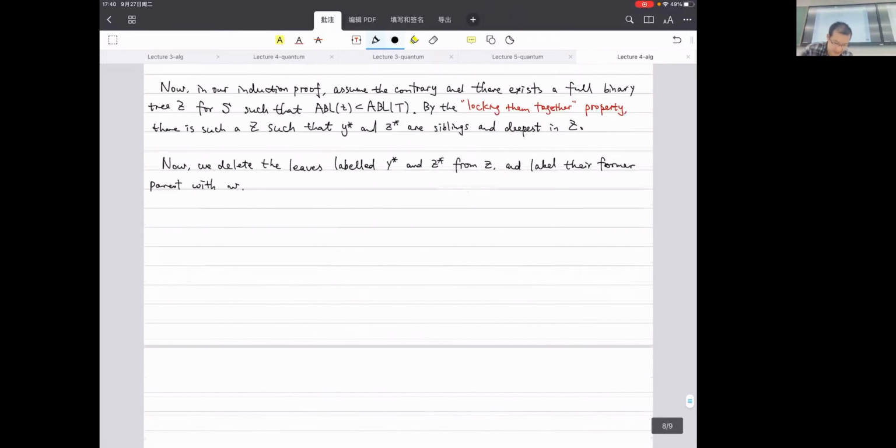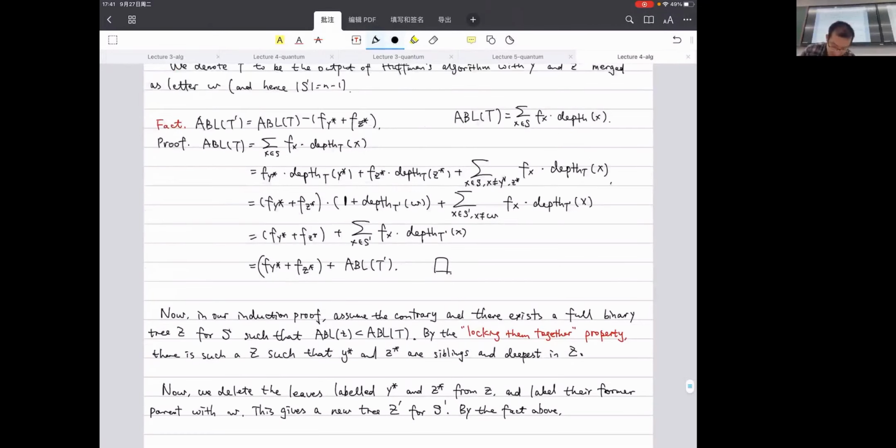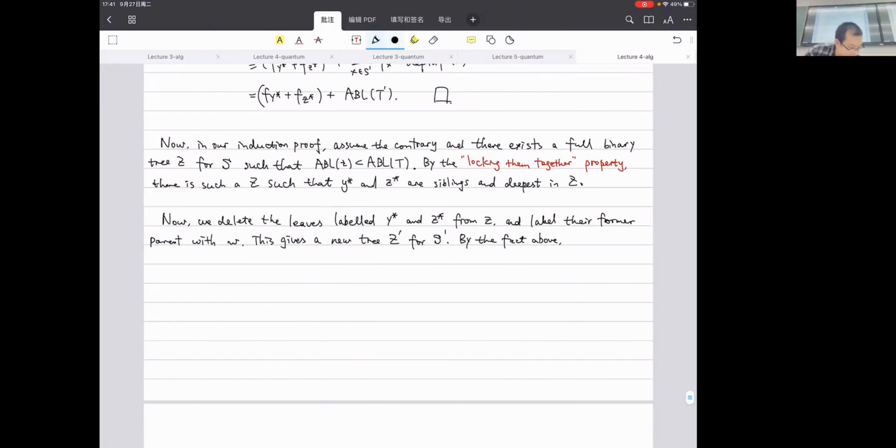And this is a place where we can utilize our induction, because this gives you a new tree. Let's call it Z prime for S prime. So by the fact above, we know that the ABL of Z prime is going to equal the ABL of Z minus f y star plus f z star.